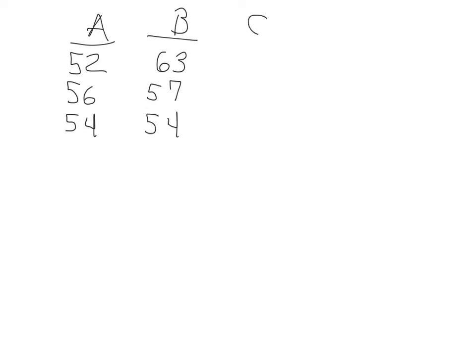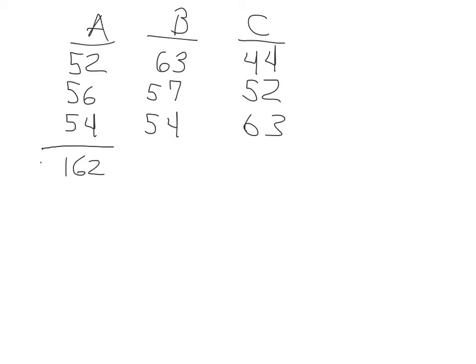54, 44, 52, and 63. So in data set 1 I have 3 observations, 52, 56, and 54. If I add them up, I get 162.